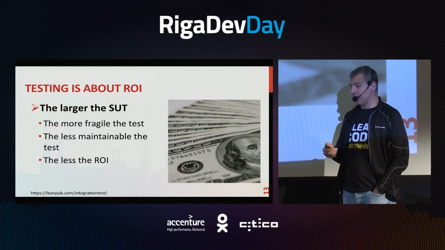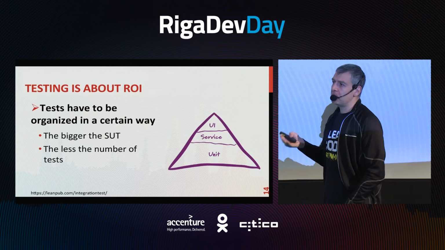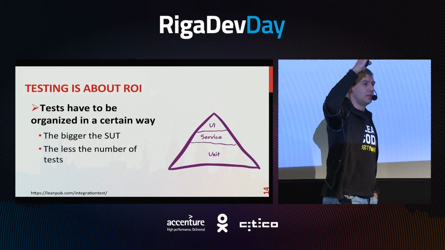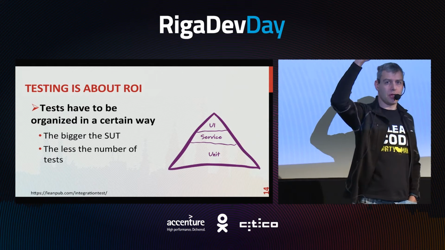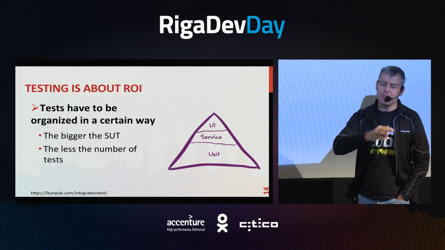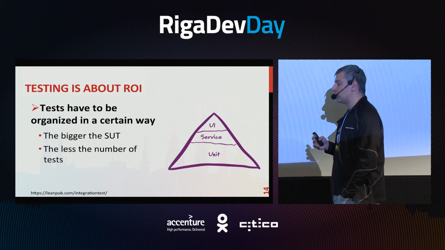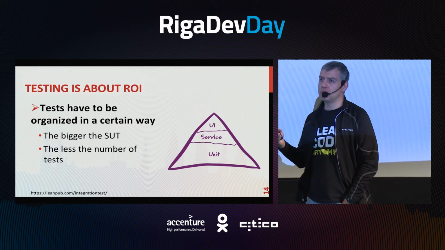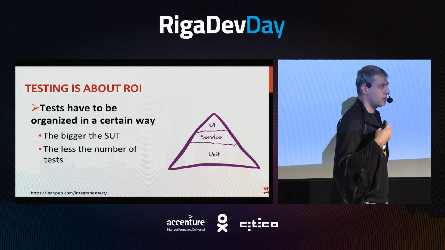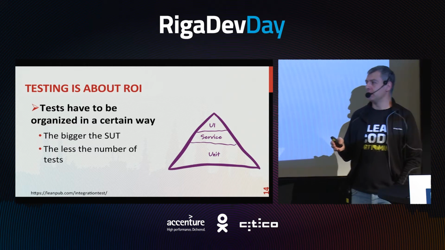So you should probably organize your integration tests in a pyramidal way: the larger the system under test at the top and unit tests at the bottom, and you have many, many more unit tests than integration tests. Also, you should strive not to test too many error cases in integration tests.